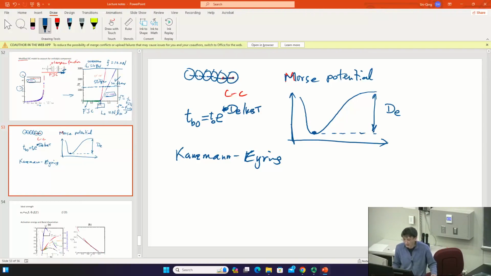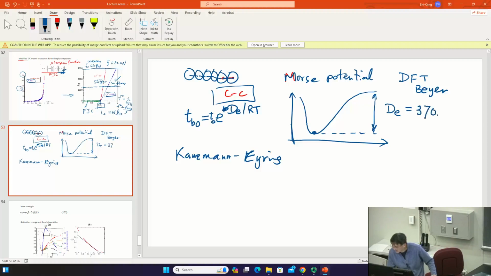In fact, the way I use the notation is such that I have the gas constant here. And E for a carbon-carbon bond, which is the only thing we can talk about, according to density functional theory calculation by Beyer, this is 370.8 kilojoules per mole.